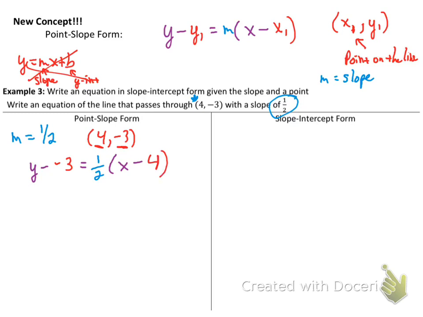Okay, so you might ask yourself, how does this help us get into slope-intercept form? Well, all I have to do now is simplify this stuff. On the left-hand side, y minus a negative becomes y plus a positive.